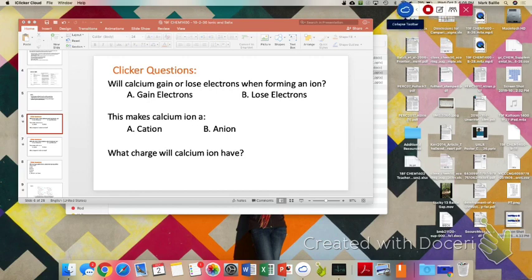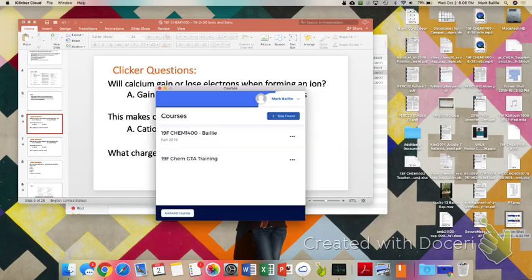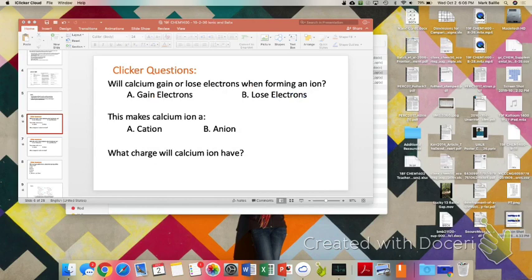So what noble gas would it look like when it loses 2? Why not go the other way? So to go from calcium to krypton, that's a lot more, right?